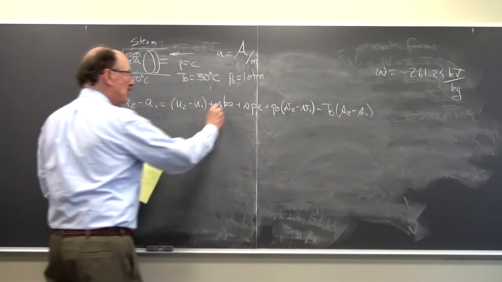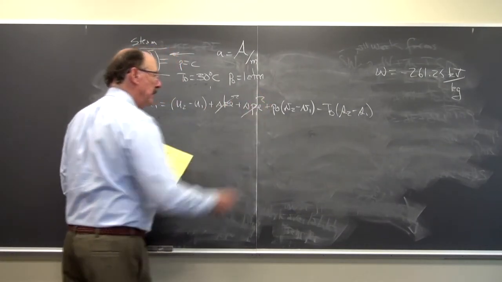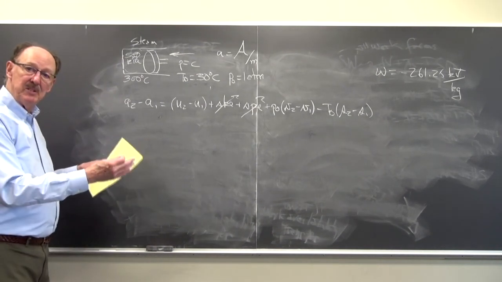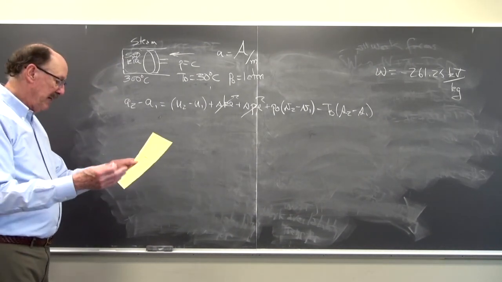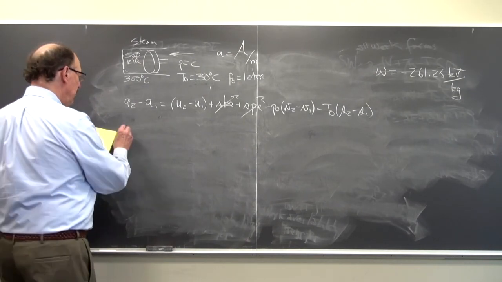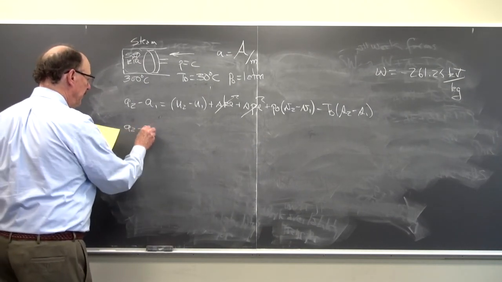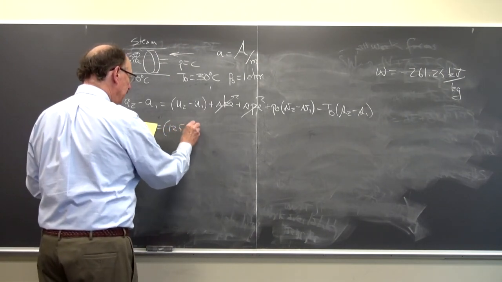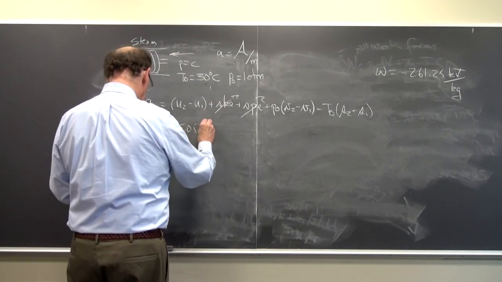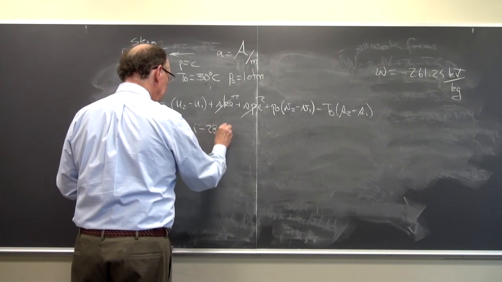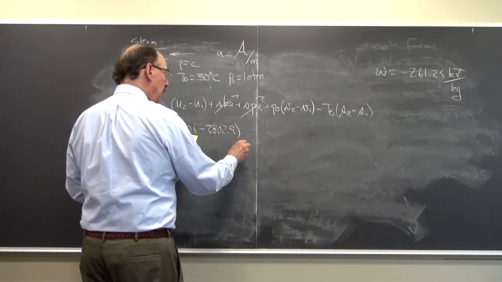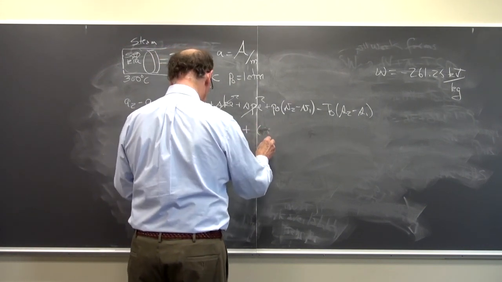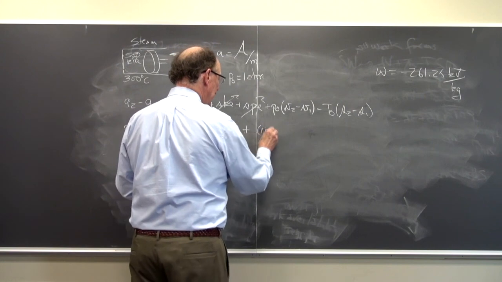And we see that these terms go out, so we don't have those terms. And now we just substitute in, and we find the change of availability. So A2 minus A1 is equal to 125.05 minus 2802.9 plus 100 times V2, 0.001 minus V1, 0.5227, minus T0, 300 times S2, 0.4328 minus 7.4592. No, P0 is 100.